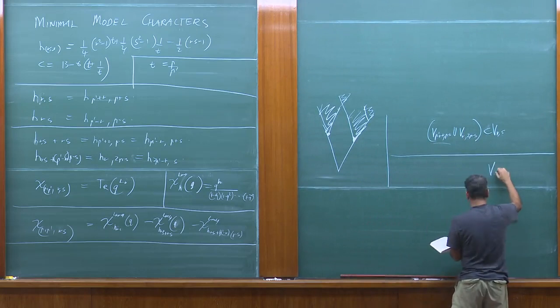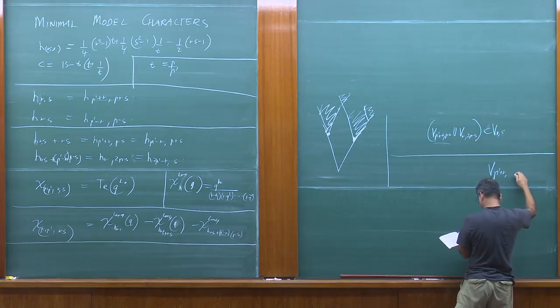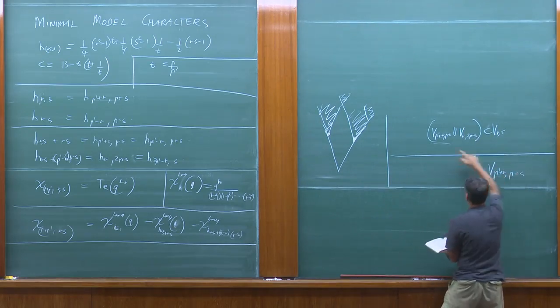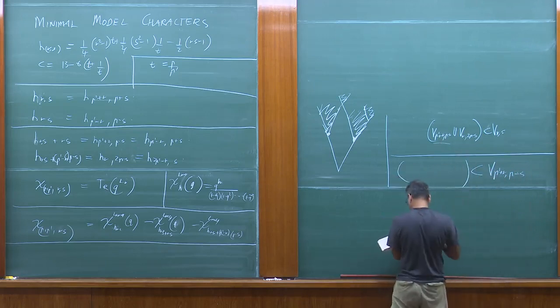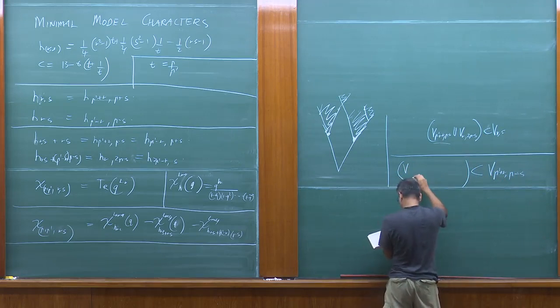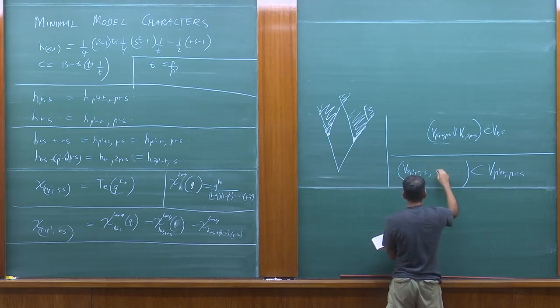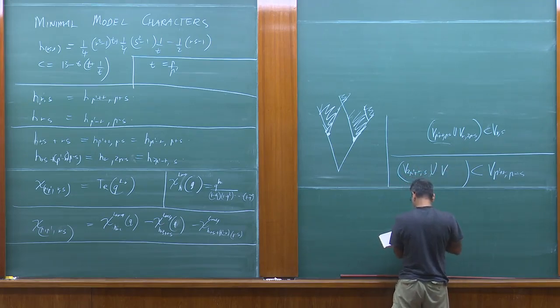I claim V of P prime plus R, P minus S, the first guy, has the following two as null states: V of 2P prime plus R, S, union V of R, 2P plus S.